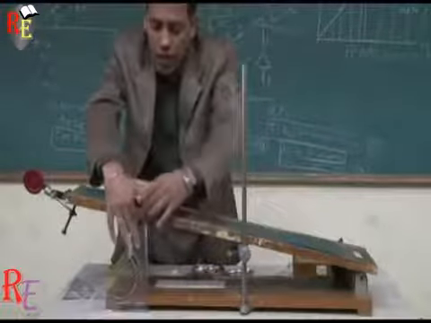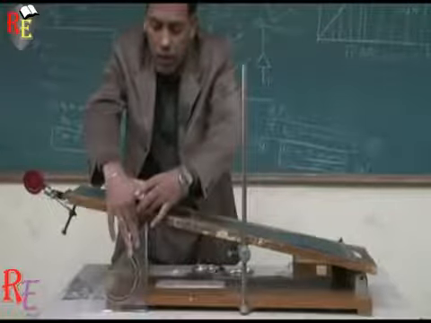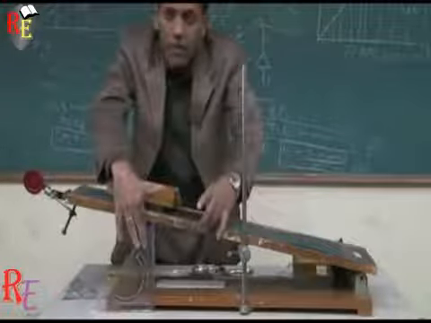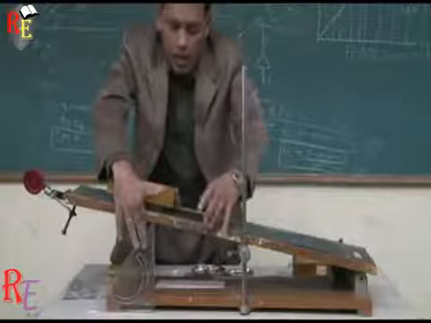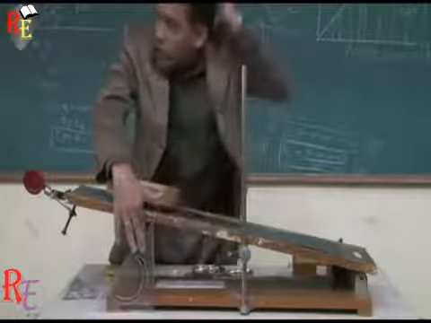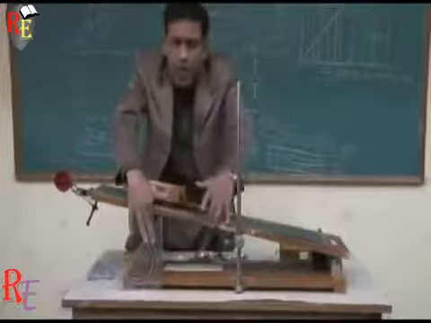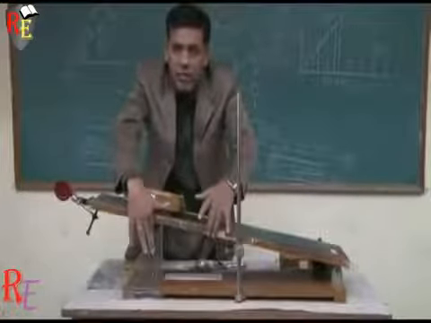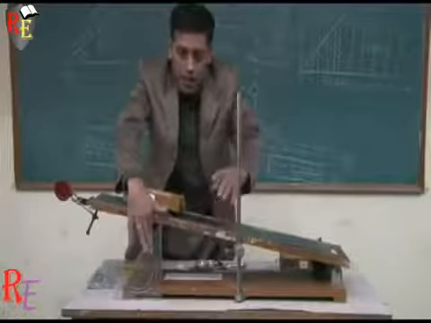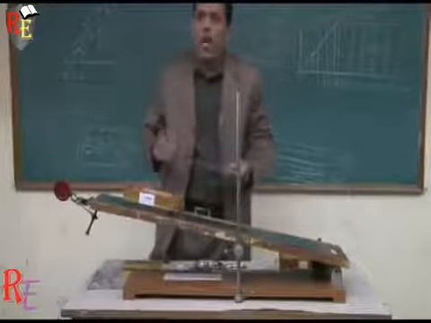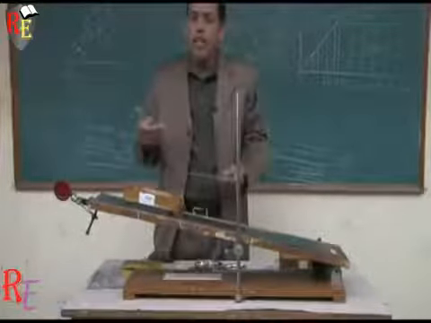Let this value be L1, this value be L2. Okay. And the corresponding horizontal distance between the two is, let's say, A. Then tan theta is equal to (L2 minus L1) by A.